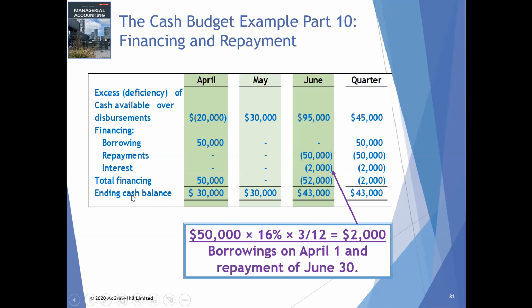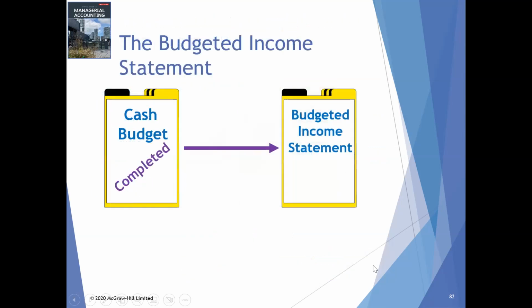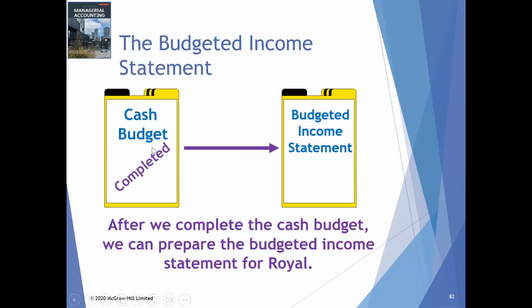June's ending cash balance is $43,000, so it is automatically coming here. This is the calculation: 50,000 times 16% times 3 months divided by 12 months is equal to 2,000. Borrowing on the 1st of April and repaying on June 30th, that we have calculated.